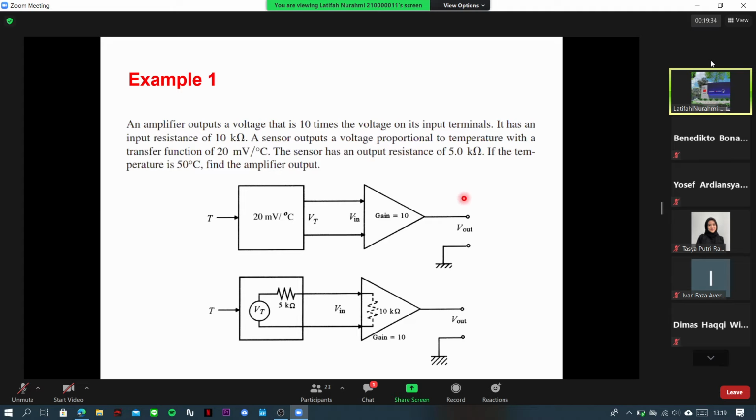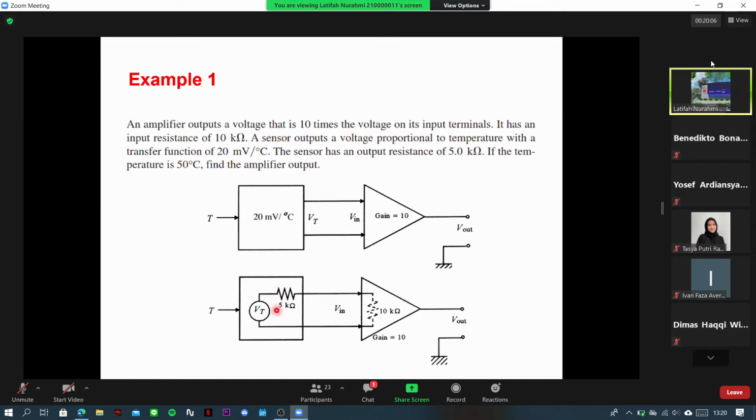Now if we draw the diagram in a more specific design, you can draw it like this. We have the voltage Vt coming from the sensor, and we know that the output resistance of the sensor is 5 kilo ohm.